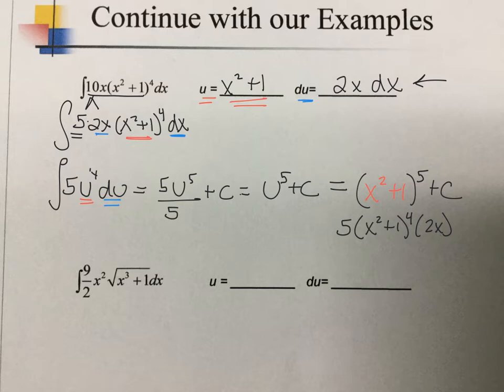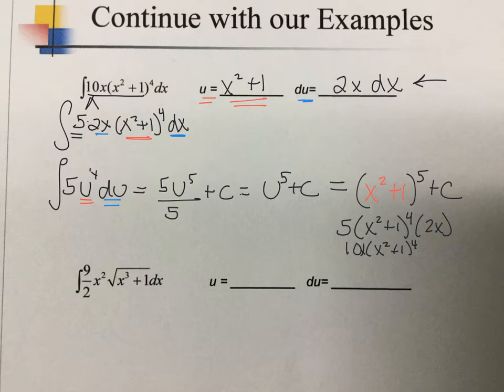The derivative of c we know is 0. So that comes out to 10x times x squared plus 1 to the 4th, which is exactly what we started with. That's the beauty of these problems: you can check your answer in the end.